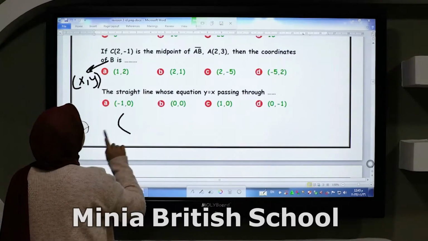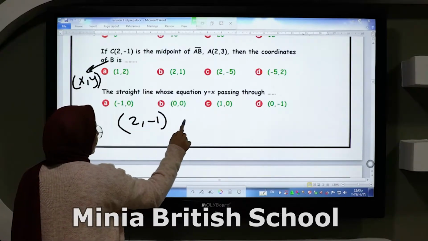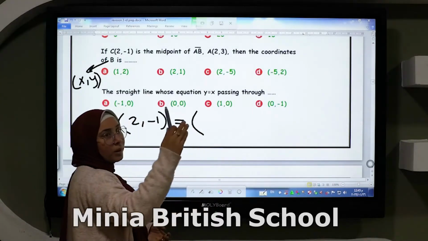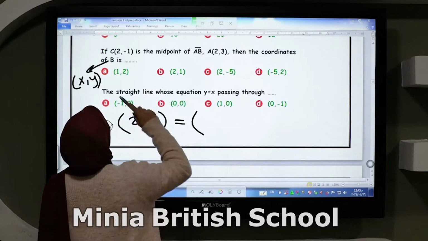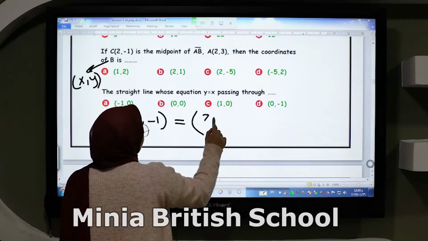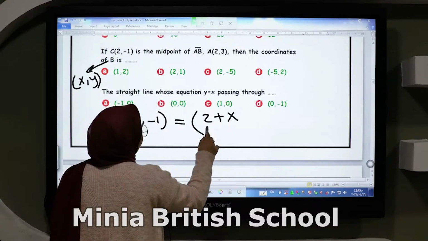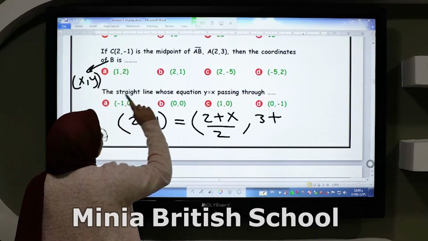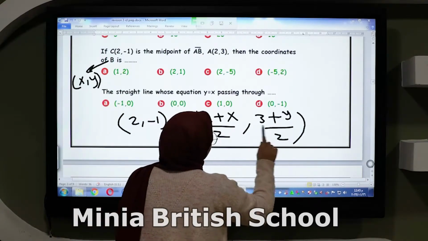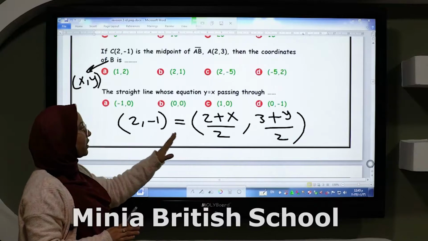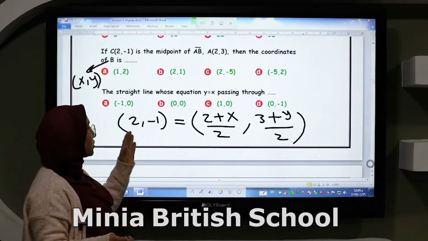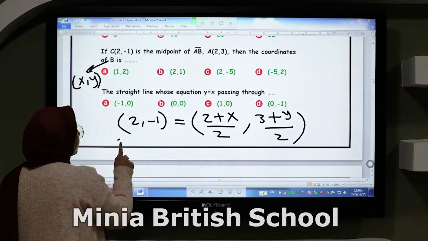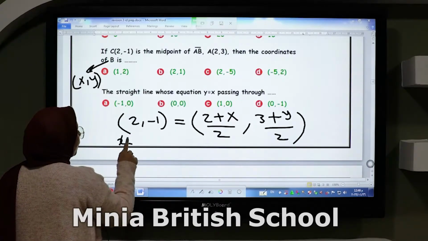So you can substitute directly in the rule of the midpoint: X1 plus X2 divided by 2, so 2 plus X divided by 2, then Y1 plus Y2 divided by 2. Then you have an equality between two ordered pairs, so the first component equals the first one. So here 2 times 2 equals 4.